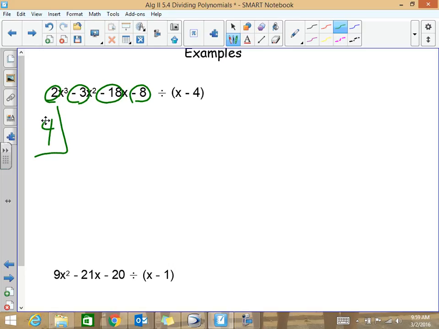So we go ahead and line those up: 2, -3, -18, -8. Right, it's the same line as before. Now you want to skip a line because we're going to write stuff here and draw a total line.